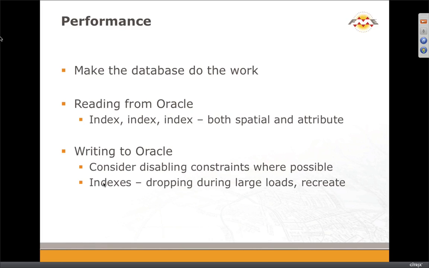So one of the sidebars to that note is that when we're reading from Oracle, we also read from views, just the same way we would read from tables. If you're working with spatial views, there isn't the ability to put a spatial index onto a view. So you will find that you get that performance hit quite severely if you're trying to do spatial relationship type things on views.